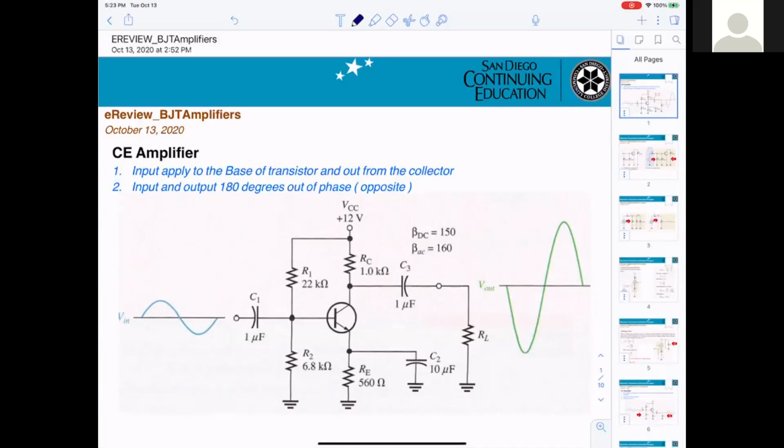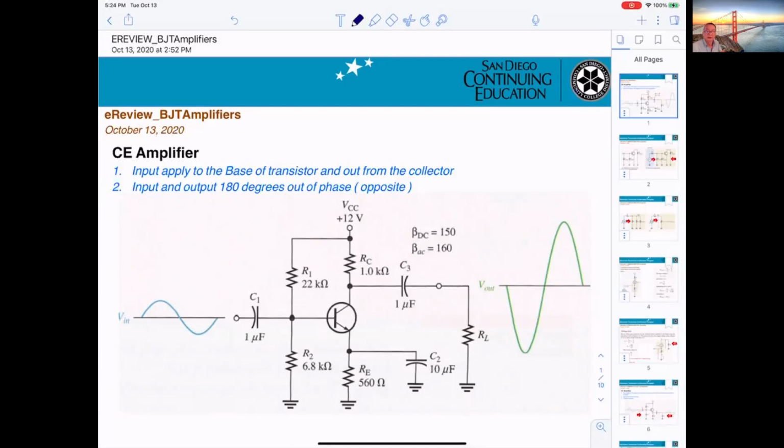You said that capacitor C1 will not allow DC, it will only allow AC. Normally, they use only one beta, for DC, in AC circuitry too. Okay, that doesn't matter. Okay, go ahead.